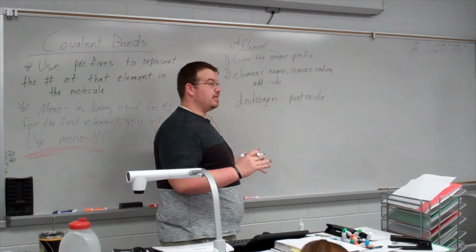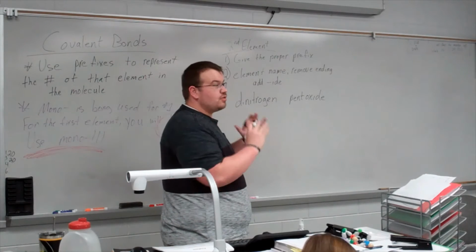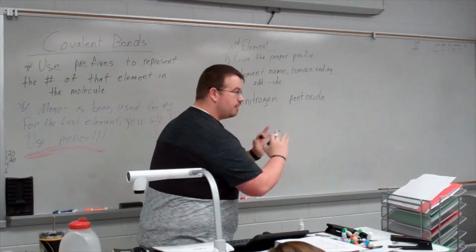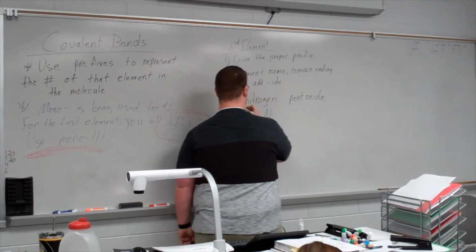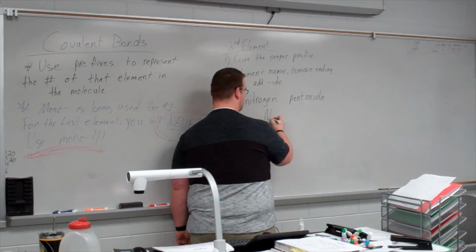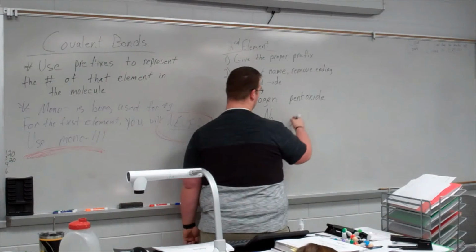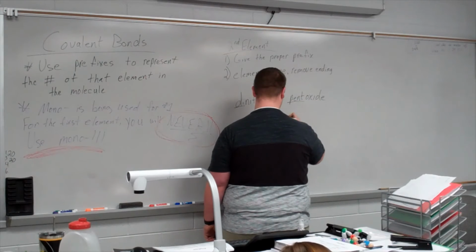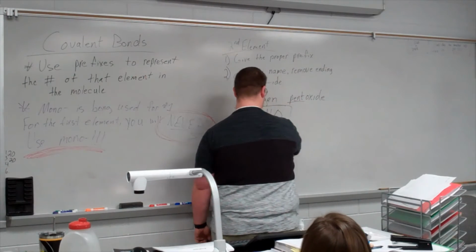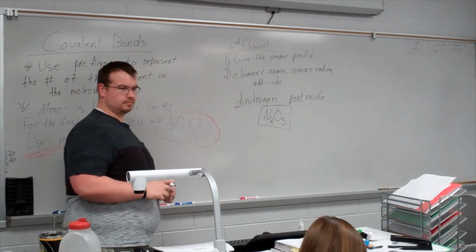It's all spelled right there for you. These are the simplest ones, going from the name to the chemical formula. So N, di stands for 2. Oxide is oxygen. Pent is 5.